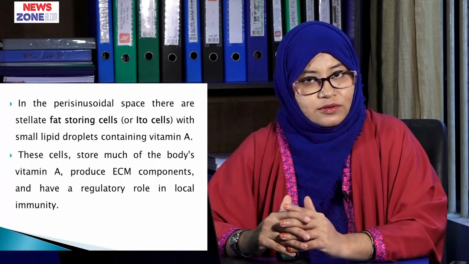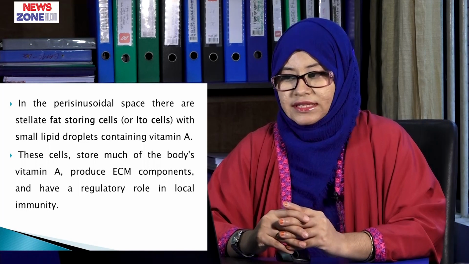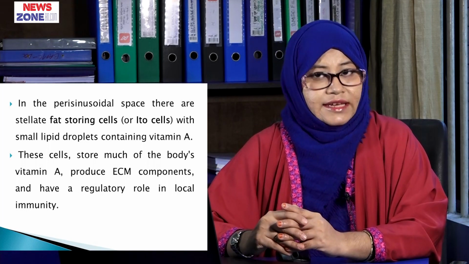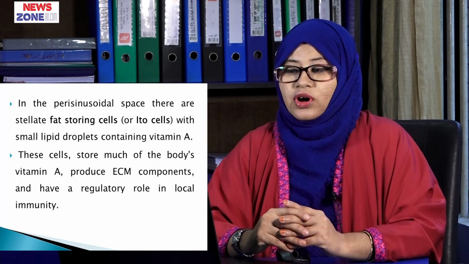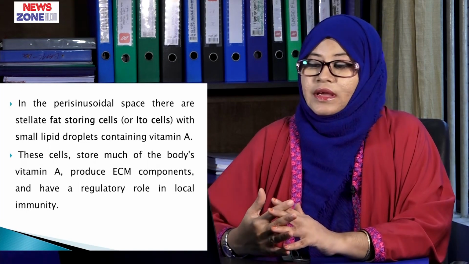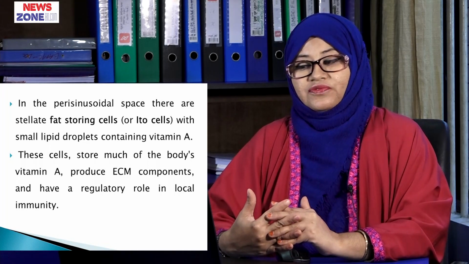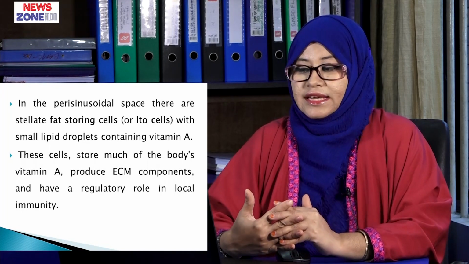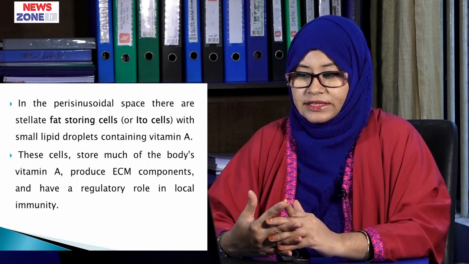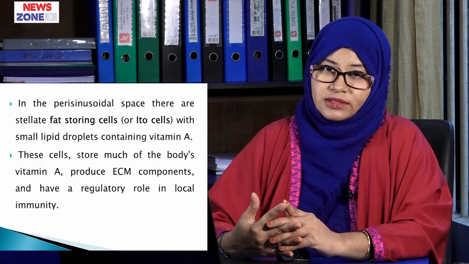In the perisinusoidal space, there are stellate fat storing cells known as Ito cells with small lipid droplets containing vitamin A. These cells store much of the body's vitamin A, produce extracellular matrix components, and have a regulatory role in local immunity.